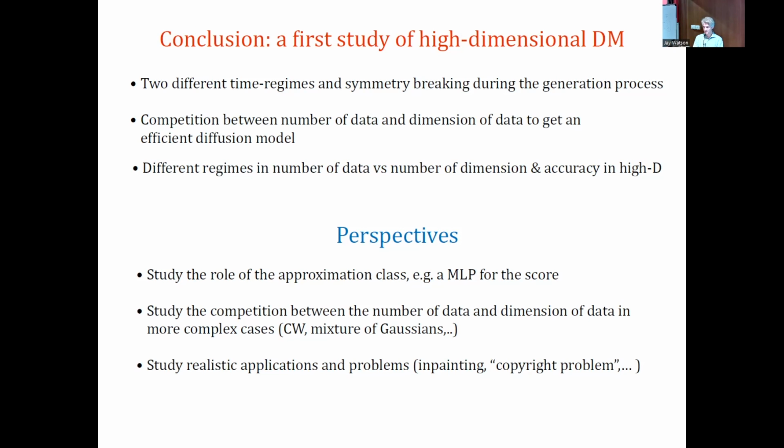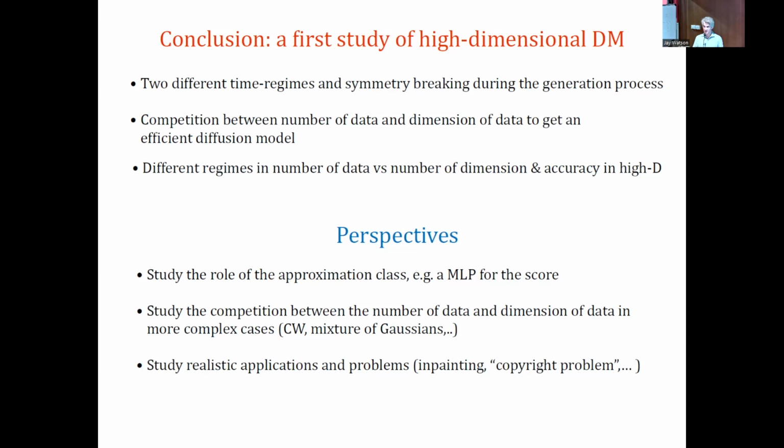One question. You told us about the time scale that depends on the dimension of the data. But now if you have a finite training set, you may also have a time scale that has to do with when data points start to meet, when the diffusion is enough to bring them together. Do you think it's more one or the other? Do you get some empirical example as well?